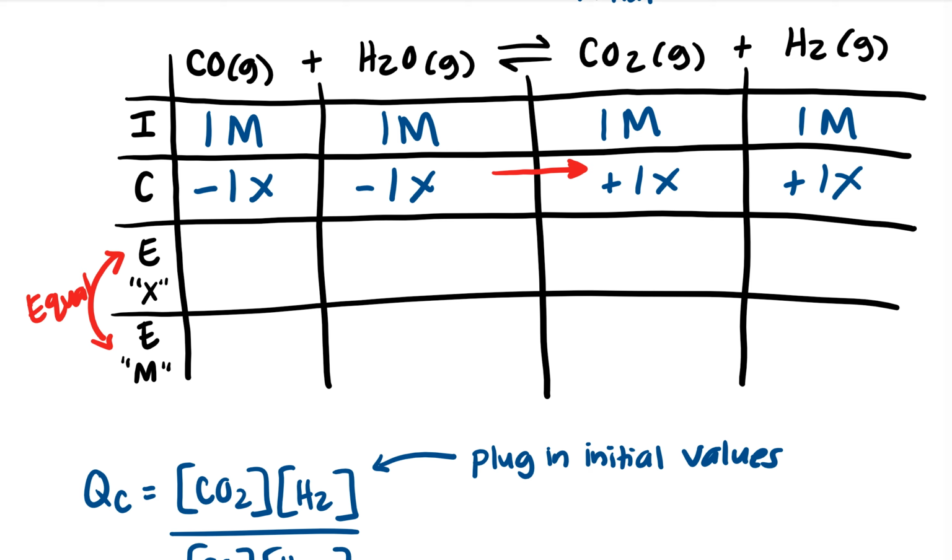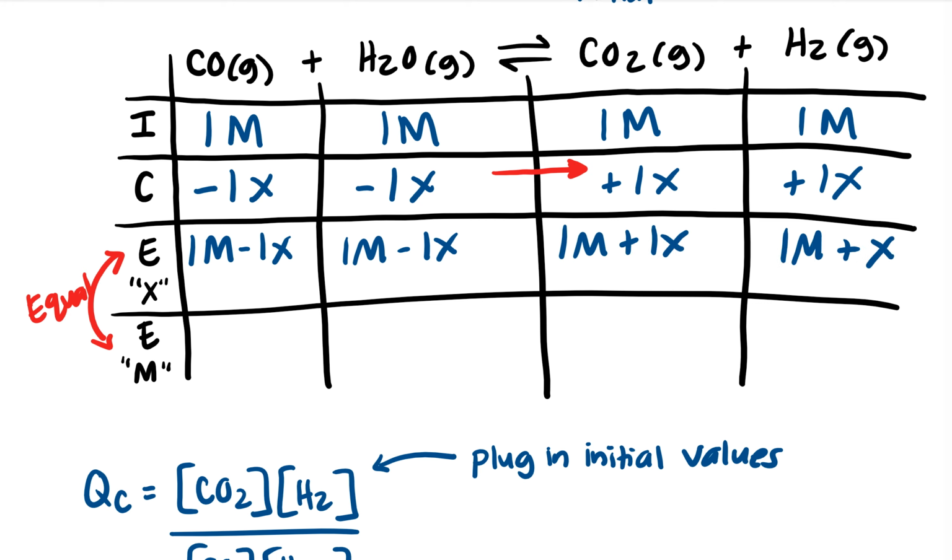Next, for the equilibrium row, in terms of X, you're combining the initial and the change rows. Leave it in terms of X. Okay, so looking here at our information, I can't plug anything into this last row in my ICE chart.